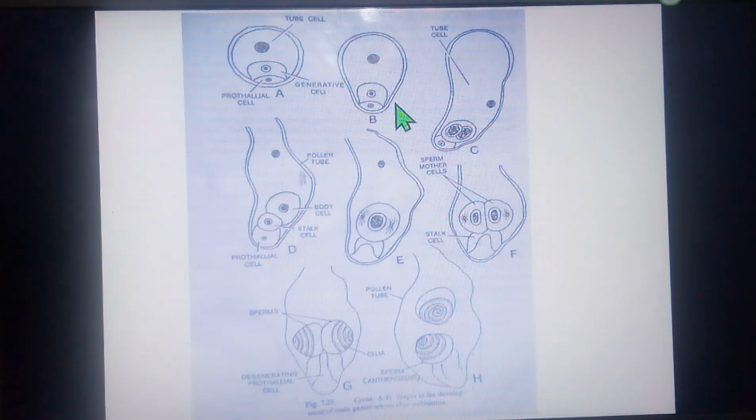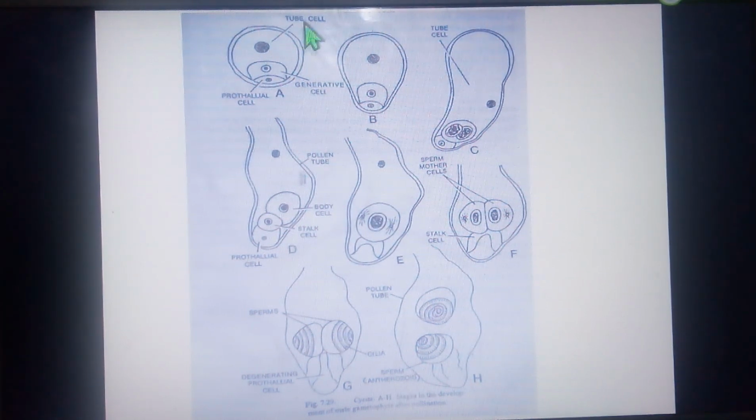Whereas the generative cell will become larger, and it will divide to give rise to a stalk cell and a body cell. So what happened?